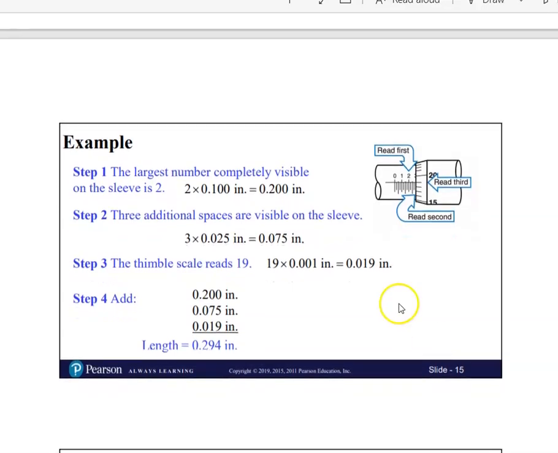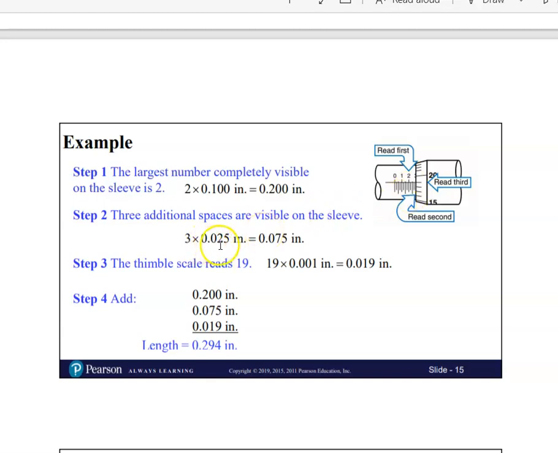So here's another example. First thing we're going to do is read the first number that we come to, which is 2. We're going to multiply that by 0.1, or 1/10, which is 0.200 inches. Then we look at how many spaces we can read past the 2. It looks like we've got 1 line, 2 lines, 3 lines.